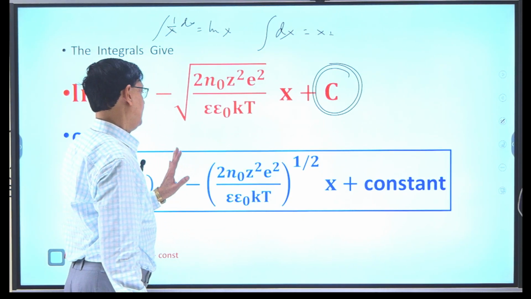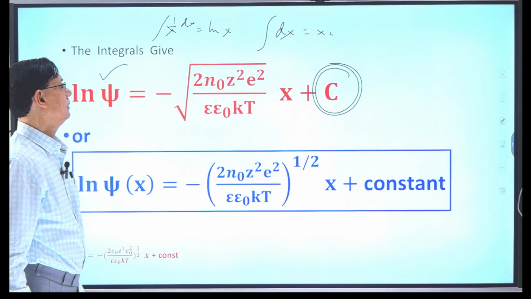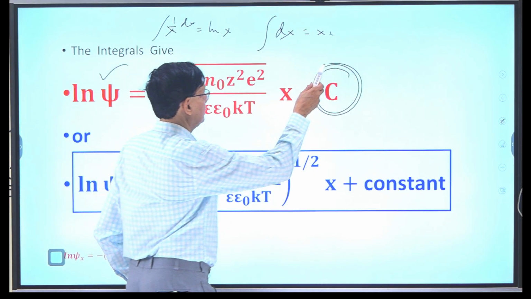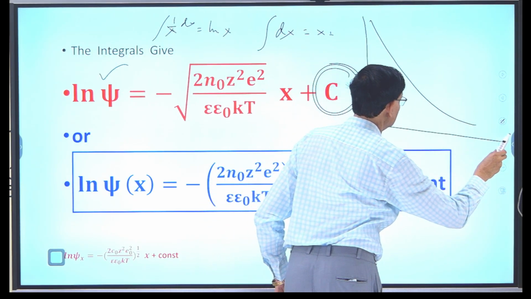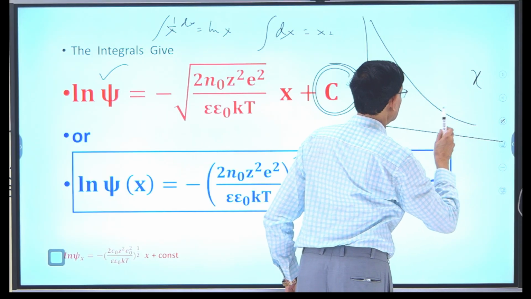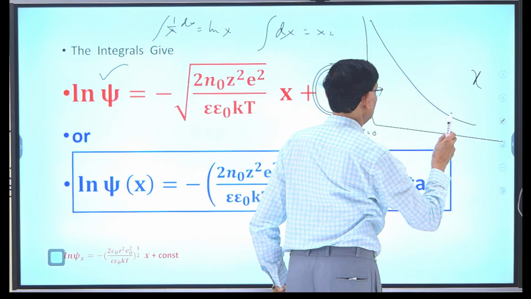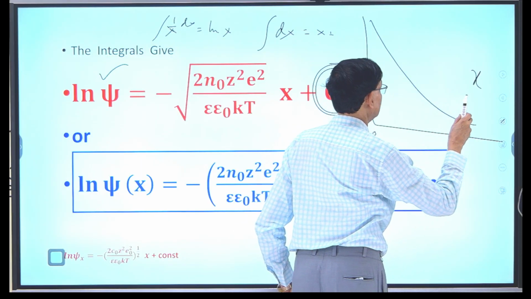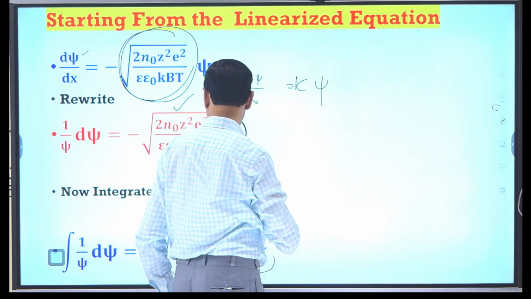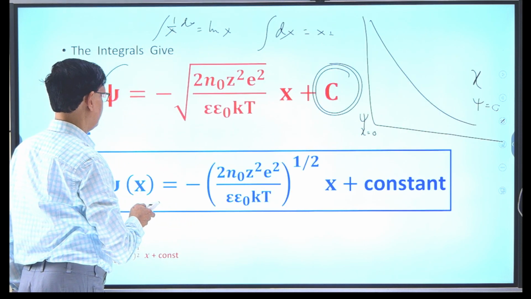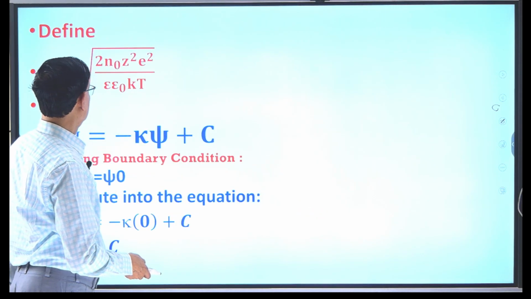Now you know that again we are considering the same condition that psi is equal to 0 when it is the exponential change here. Here x is equal to 0. Psi is equal to 0.